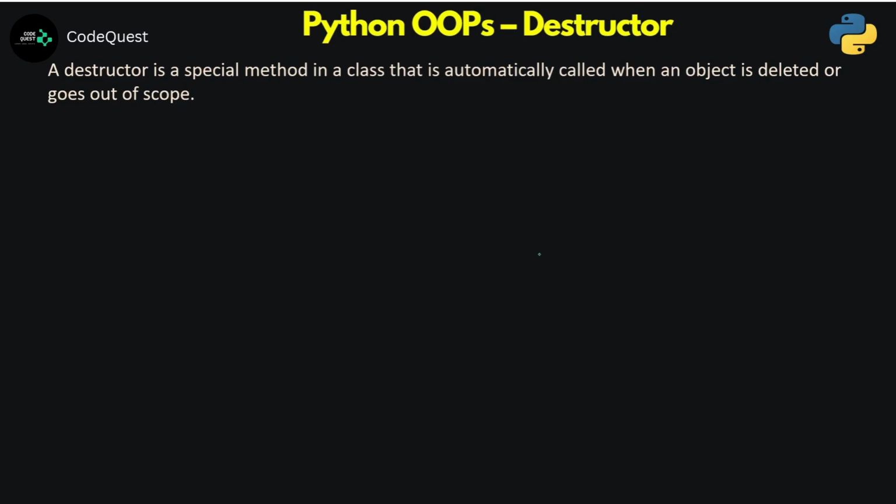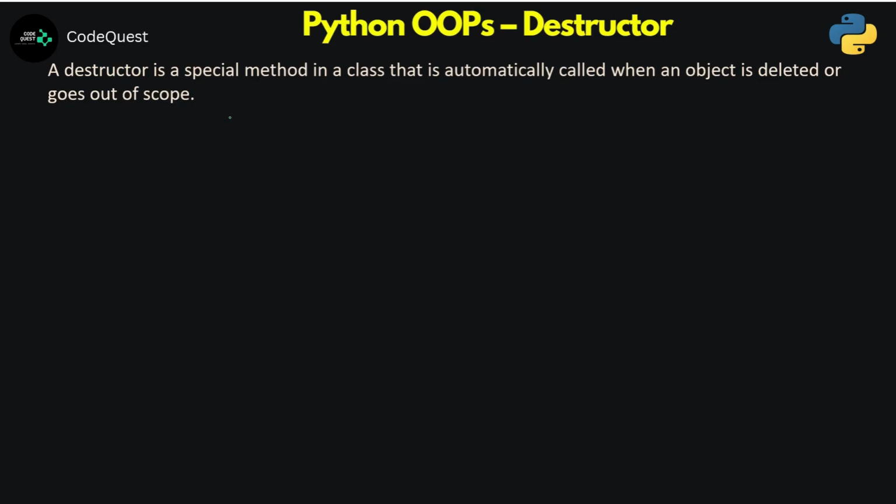It is also a very special method which is again called automatically, but when the object is deleted or goes out of scope. Usually after you create the object, you do the necessary operations.